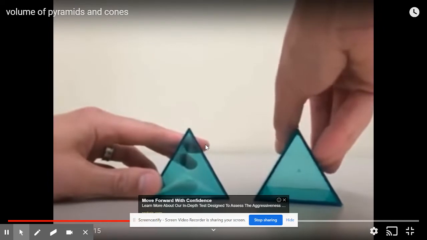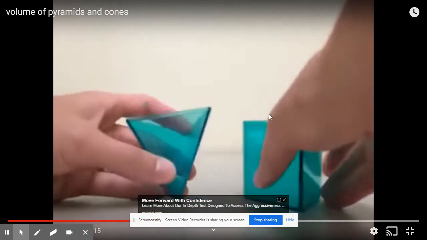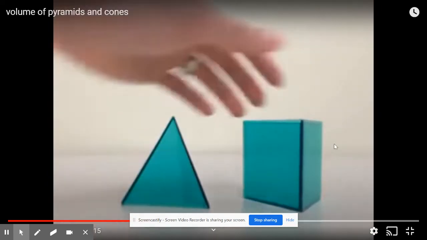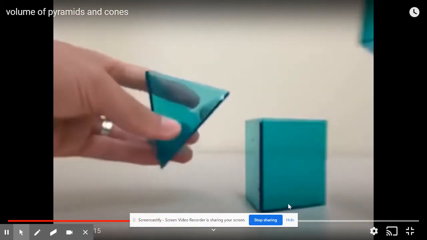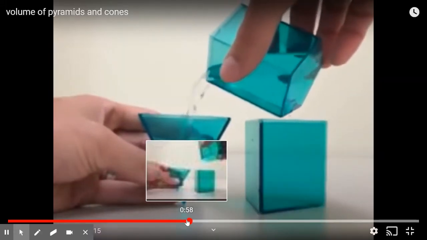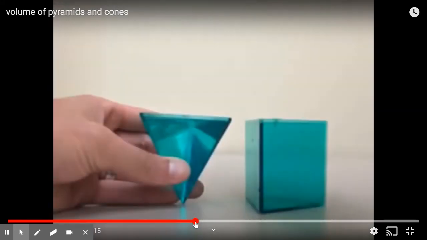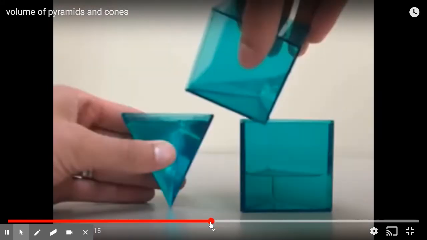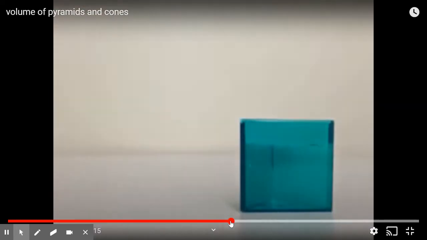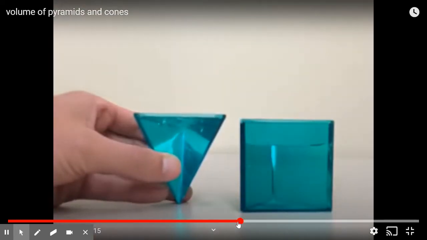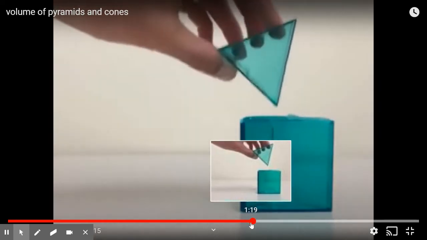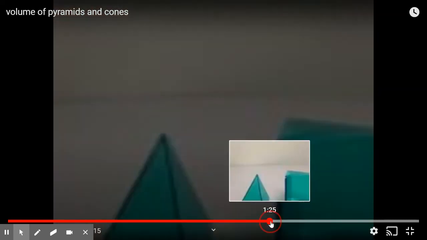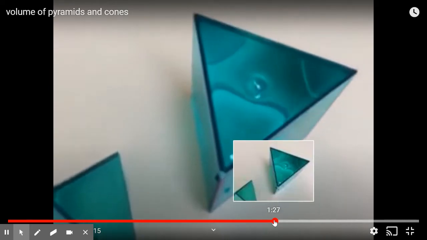Do you think it's going to be the same for triangular prisms and triangular pyramids? Let's skip ahead here. I have a feeling you can guess. There's 1, there's 2, and the third one. So 3 times for triangular pyramids and prisms. And then the one that might be a little different here.